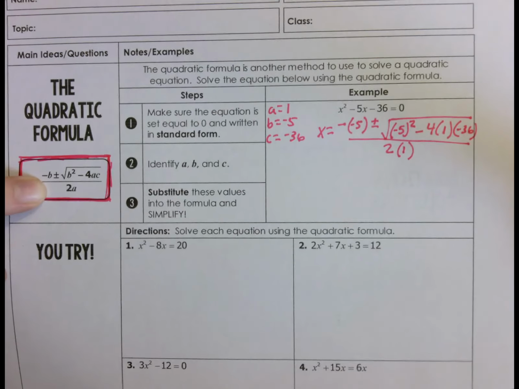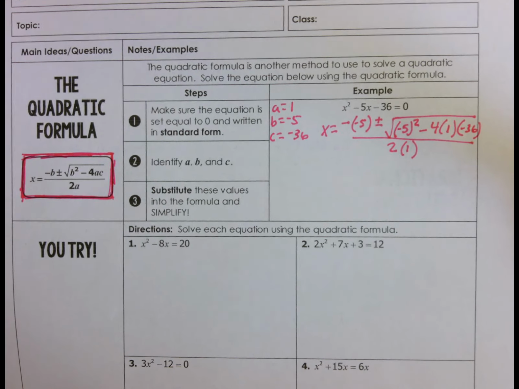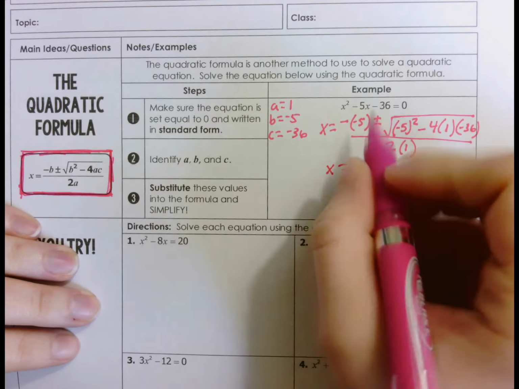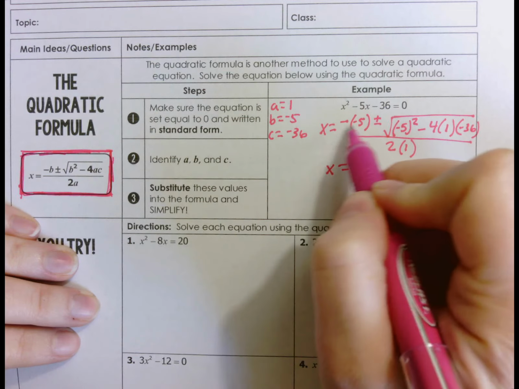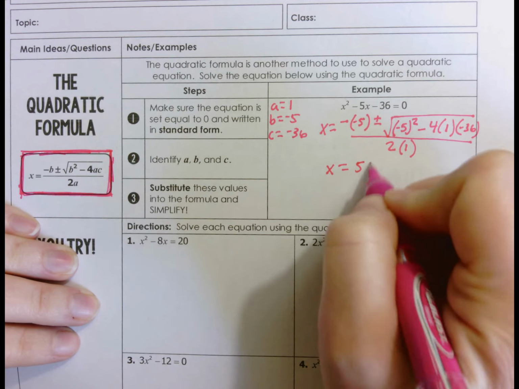Okay, so here we're going to start simplifying. I'm going to start by simplifying what's inside the square root symbol, because we're going to consider that as a group. First off, this negative and a negative becomes positive, so I'll rewrite it as a positive 5.